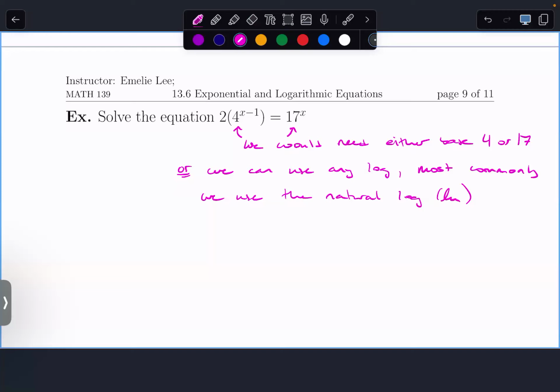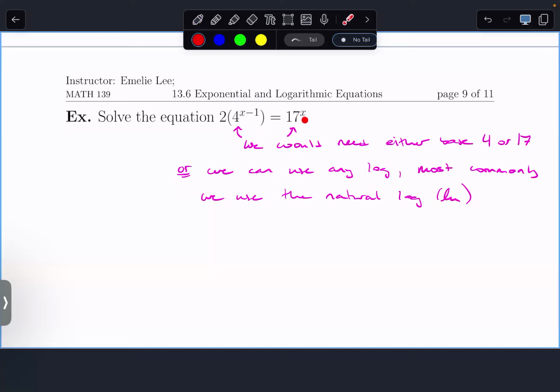Okay. So we've got this 2 out front multiplying, kind of bunging things up. And usually if I only had an x in one spot, then I would move the 2 off of the x and kind of isolate the x in a way, or at least the 4 to the x minus 1, if this was just 17, for example, right?